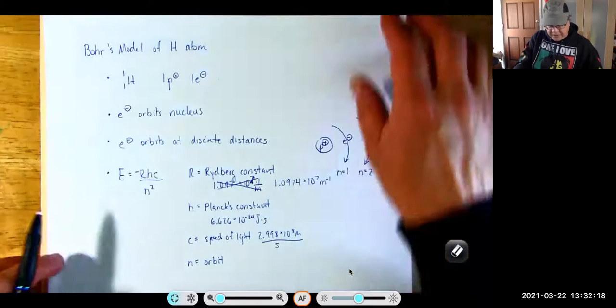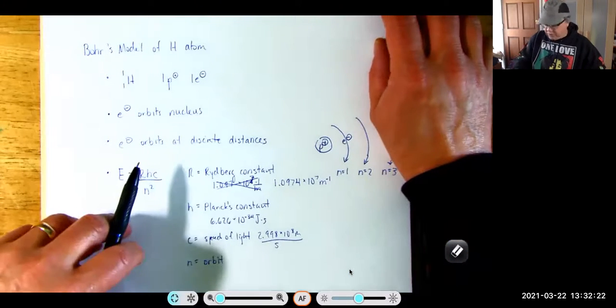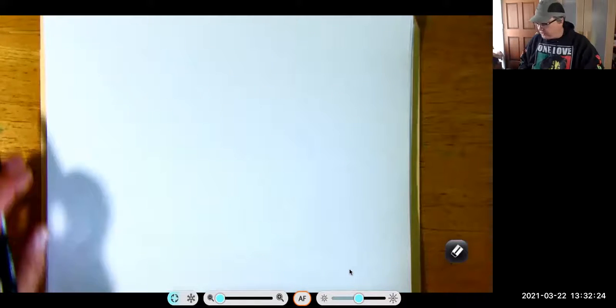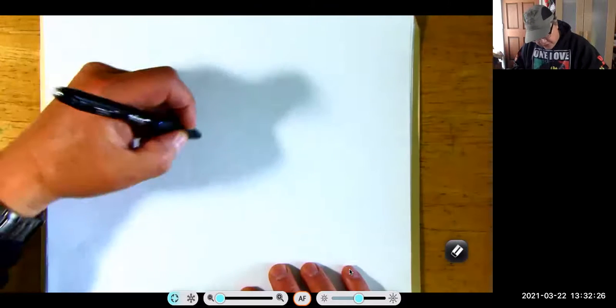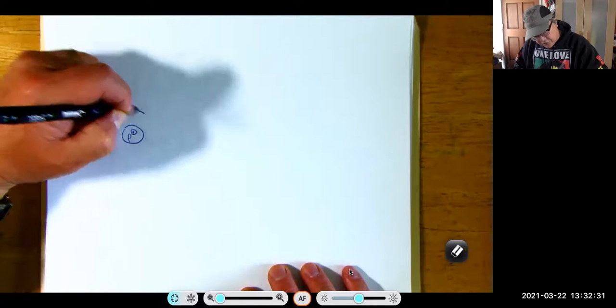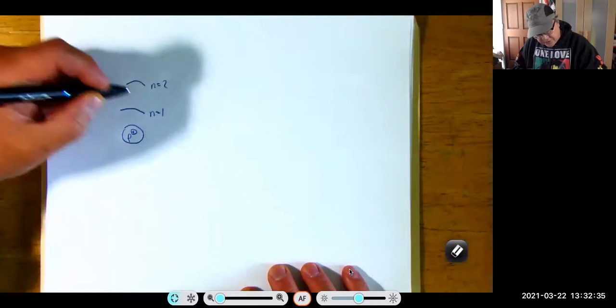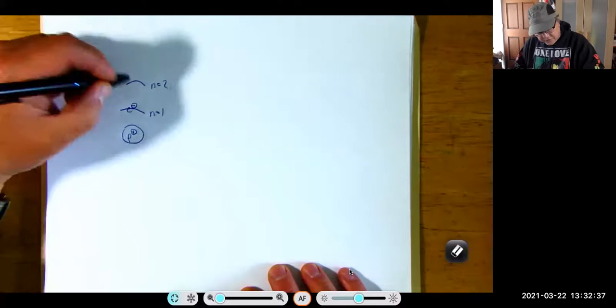Furthermore, if we take a look at the hydrogen atom, you can actually get the electron to change levels. So here's your proton. Here's your first level. Here's your second level. So let's say you have an electron at the first level.